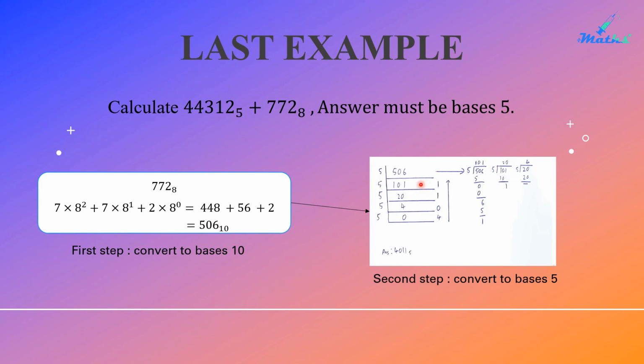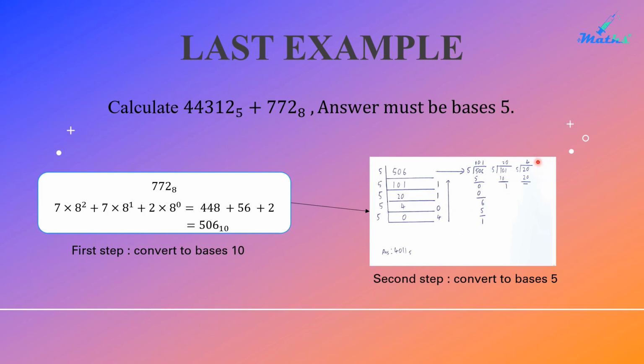The 101 is still bigger than 5, so I need to do the division again. 101 divided by 5, 20 is the answer, and 1 is the remainder, so I just put 1 here. 20 is still bigger than 5, so I need to do the division again. 20 divided by 5, I take answer 4, and there is no remainder. If there is no remainder, you need to put 0.